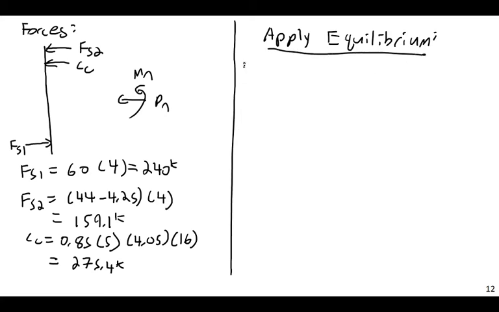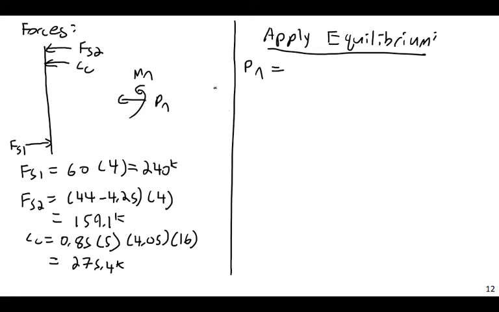Apply equilibrium. Pn is going to be equal to 240 plus 275 minus FS2. Sorry, I got this a little backwards.